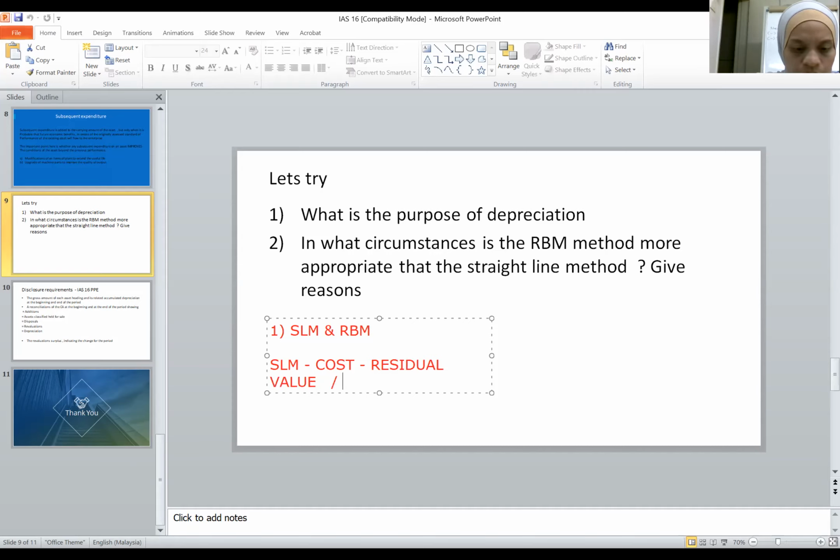Okay, estimated useful life. Okay, and satu lagi cara untuk you calculate straight line method, lagi senang lah, cost times percentage. Okay, so the percentage will be given by the question and you akan dapat berapa, how much. Okay, so reducing balance method lain sikit lah kan.